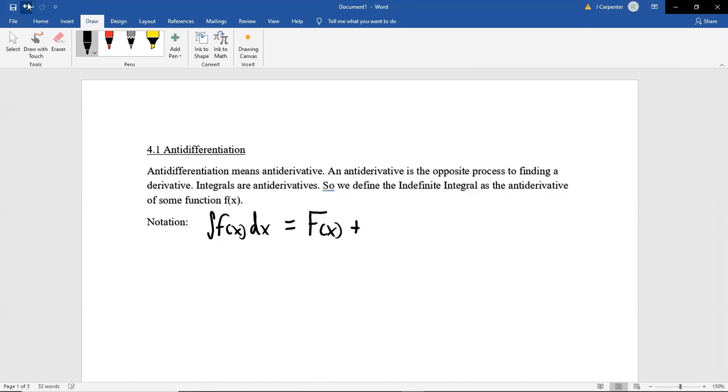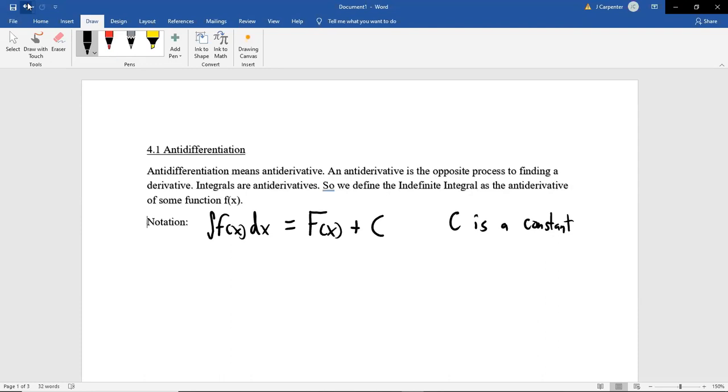But then there's also this, plus a c, where the c is a constant. So I'm just going to flat out give this to you and then explain why. So the integral of some function, and again, this dx is just an extra little detail, kind of like dy dx is a derivative. This is just part of the integration process.